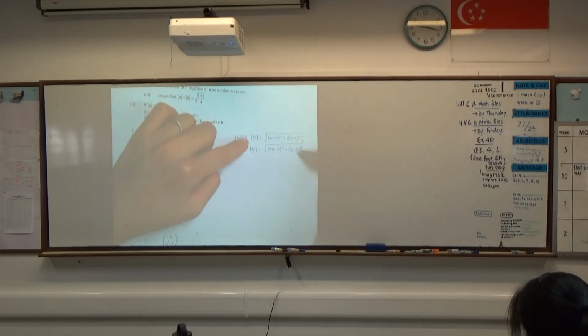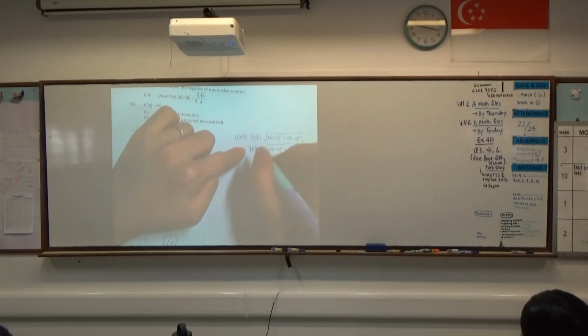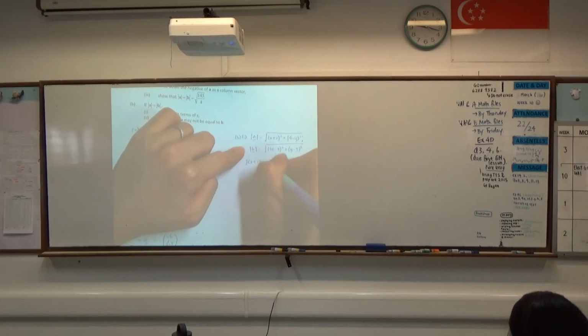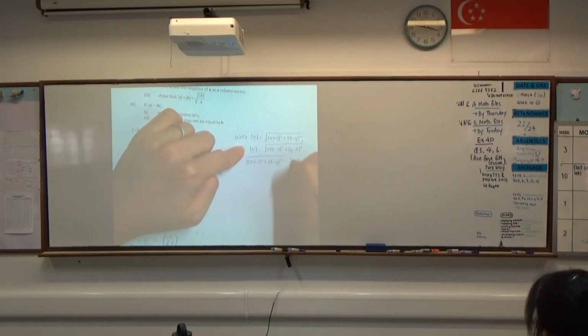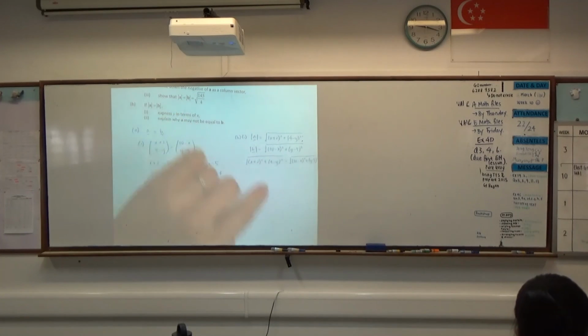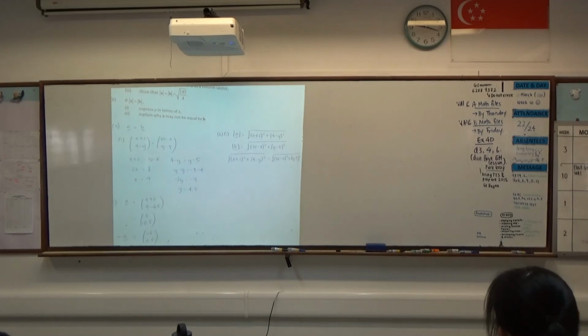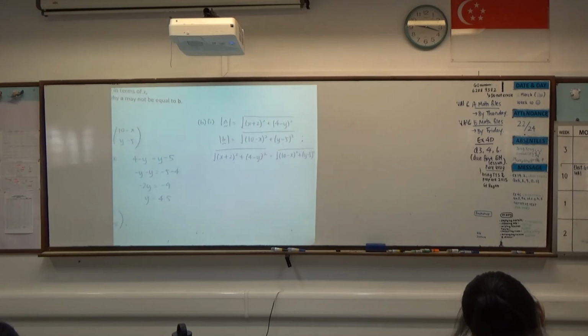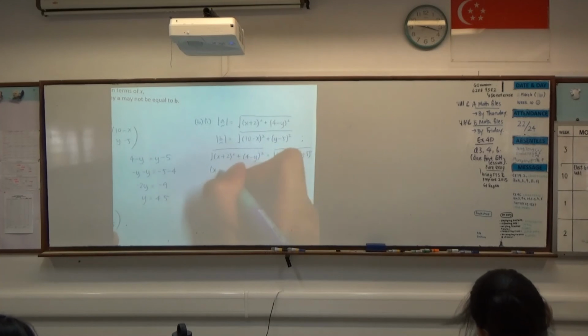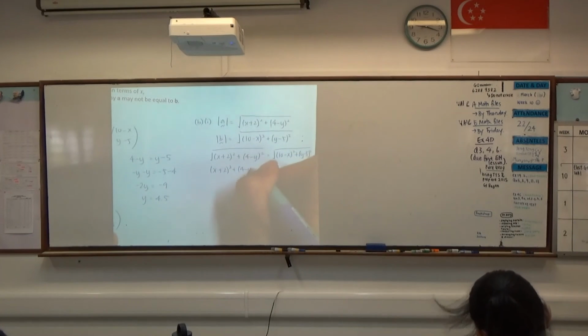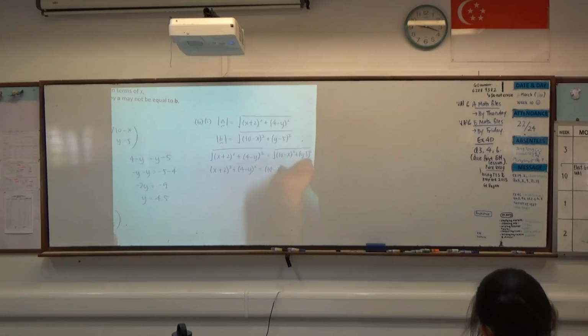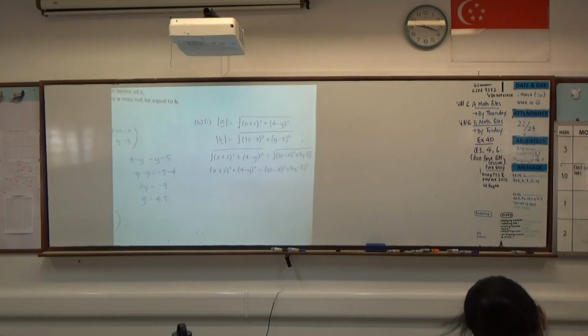So, since magnitude of A and B are equal, that means that square root of X plus 2 squared plus 4 minus Y squared is equals to square root of 10 minus X squared plus Y minus 5 squared. Take square on both sides. We have this. So next step will be to expand, simplify, and make Y the subject.